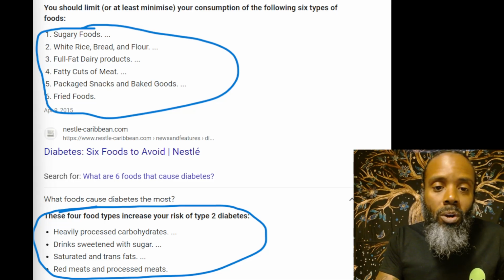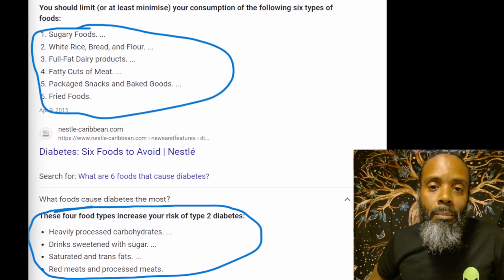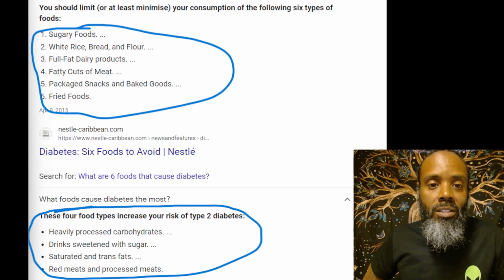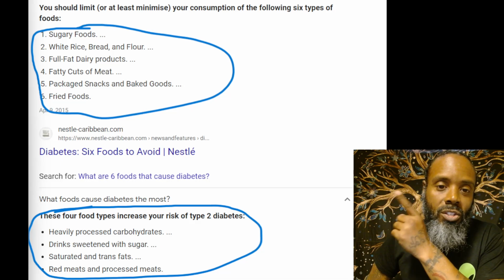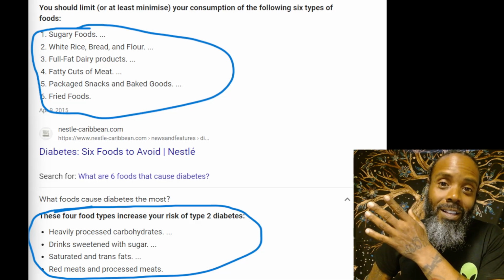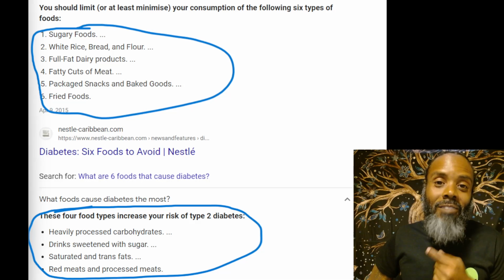Now, if you want to, these are foods to eliminate to reduce your chances of getting diabetes. So up at the top, you got sugary foods, which is no surprise. Sugar has been a culprit in everything that I've mentioned.